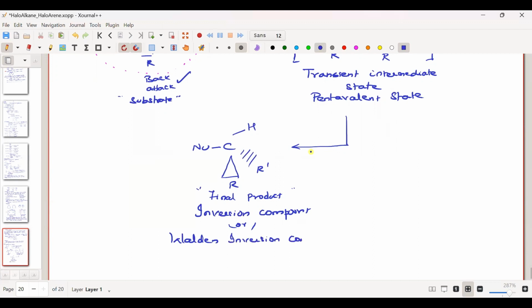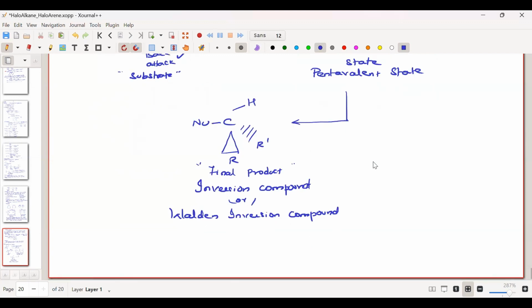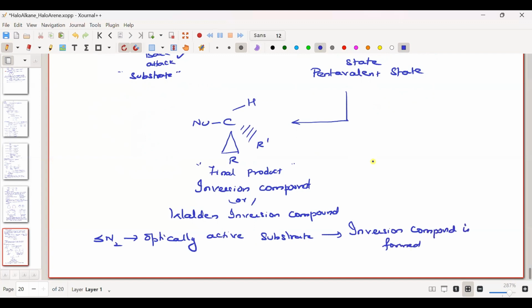So in the case of an SN2 reaction with an optically active substrate, an inversion compound is formed. This is the takeaway. That is why we have said all this.